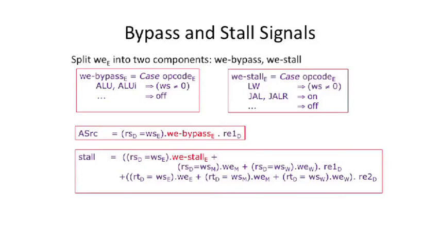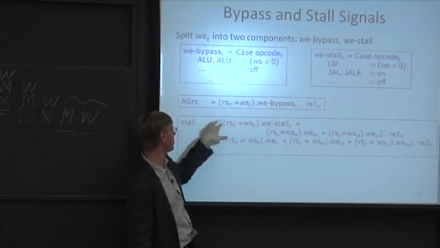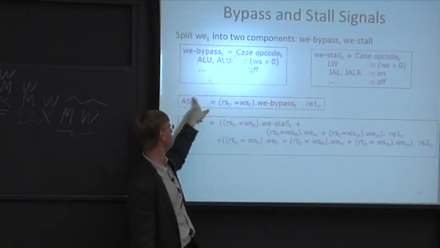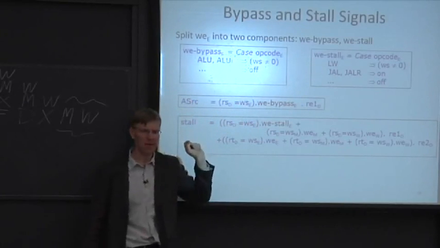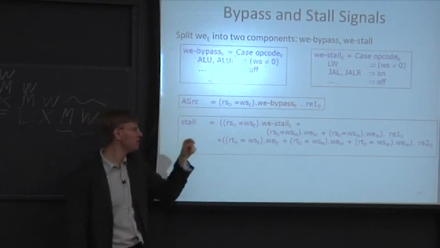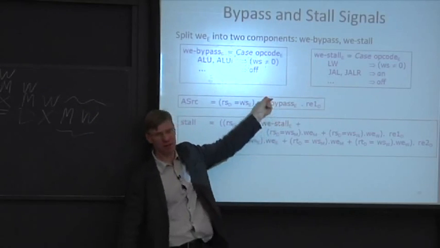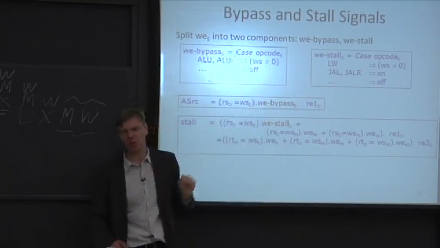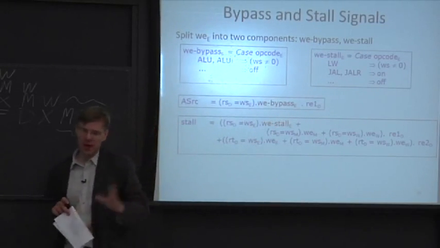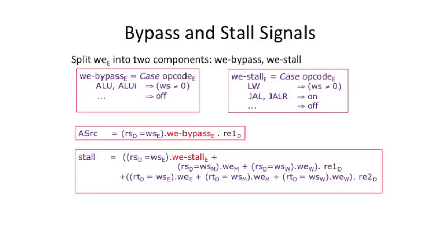And we still have this term back in the stall signal. We still have this term in the bypassing signal. But we now have two different write enables, one for a bypass calculation, one for a stall calculation. These two signals are calculated based on the decode of the instruction in the execute stage.